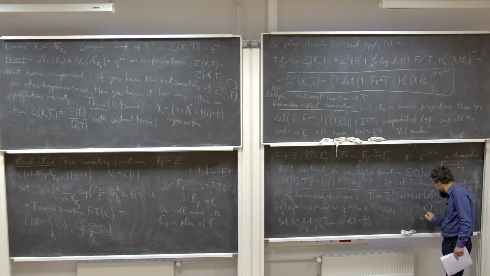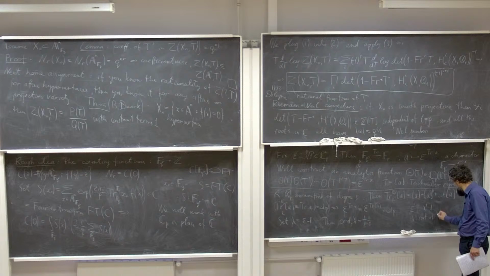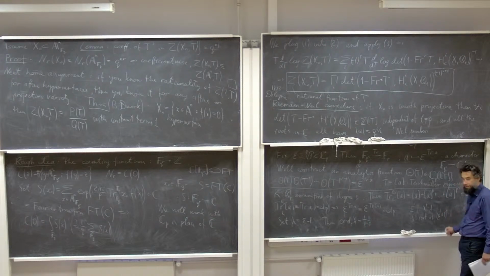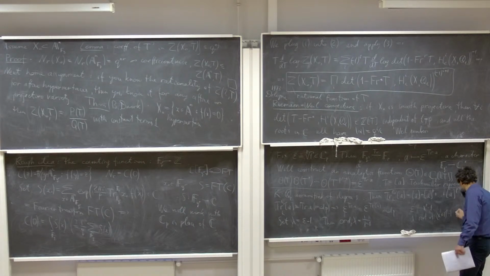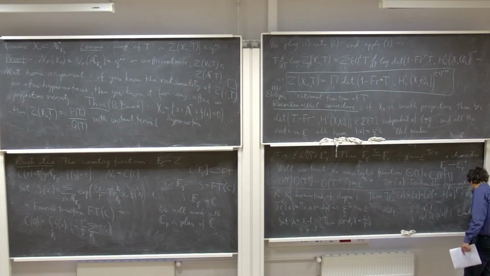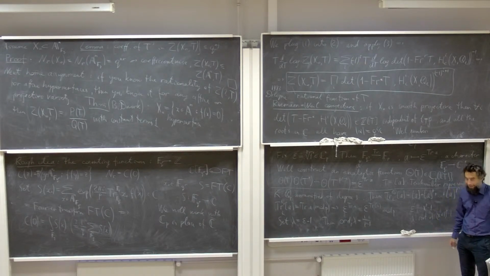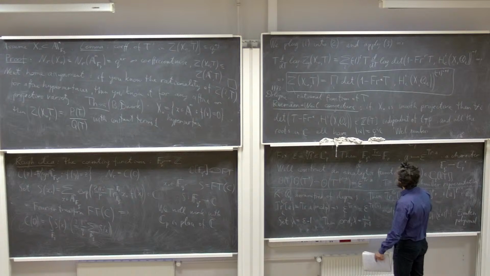Well, x plus 1 to the power p minus 1. But which polynomial? Eisenstein, yeah, very good. Eisenstein polynomial. So this lambda is necessarily the uniformizer and has exactly this order.